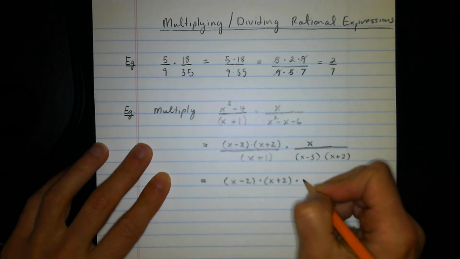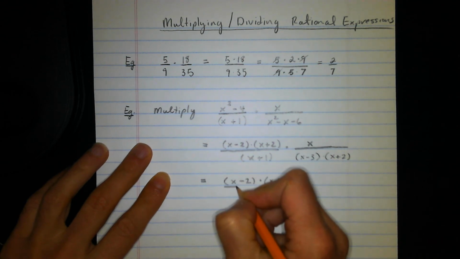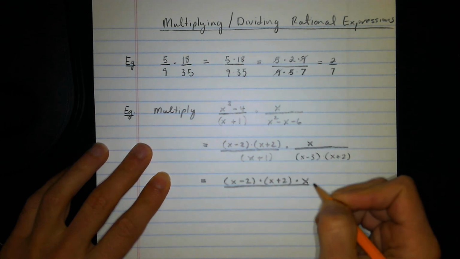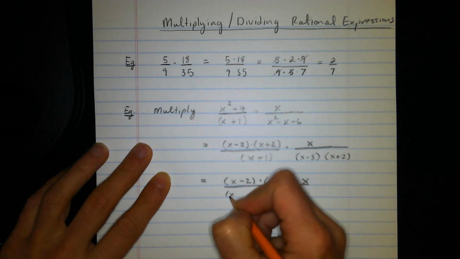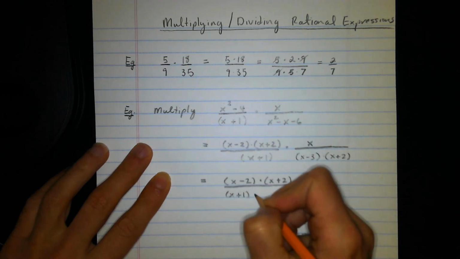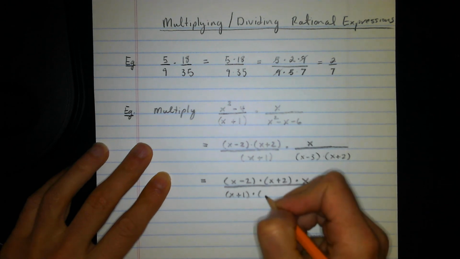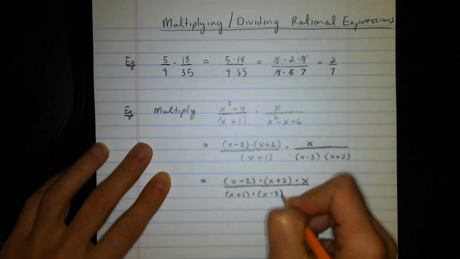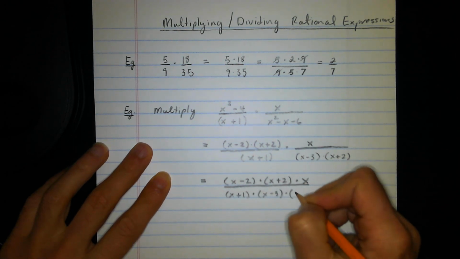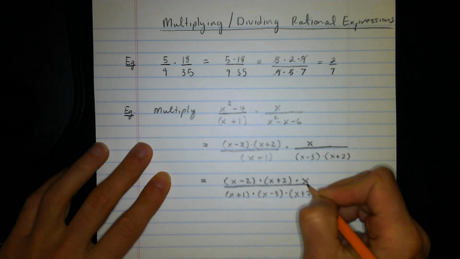Times x, that's what we get in the numerator if I multiply the two numerators together, and we're not actually expanding or anything at this point. I need to multiply that by those two factors, and again we're not really multiplying or expanding them out at this point.